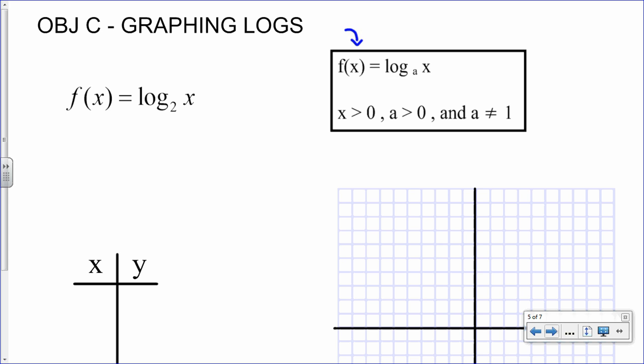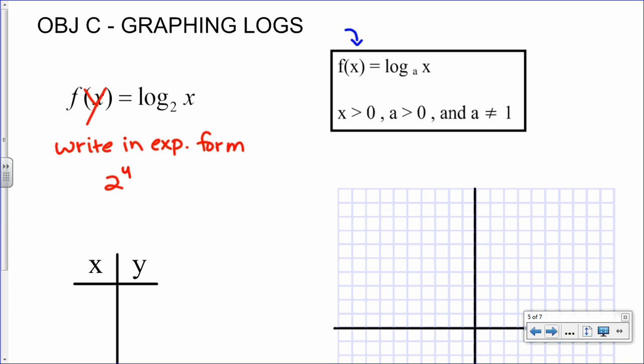So when I graph log functions, I want to write them in exponential form because it's easier to make a table if it's in exponential form. So I'm going to write y. If I write this in exponential form, my base is 2.